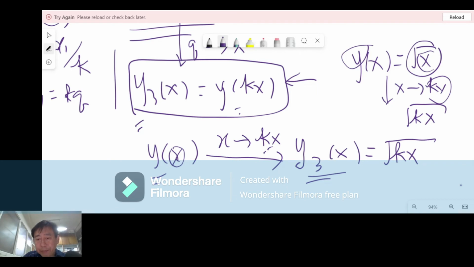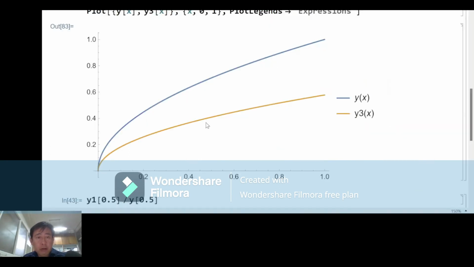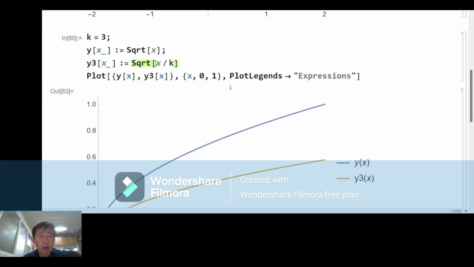So by right, this is the horizontally compressed version of the original function y. So I should define my function as the product of k times x instead of x minus k.